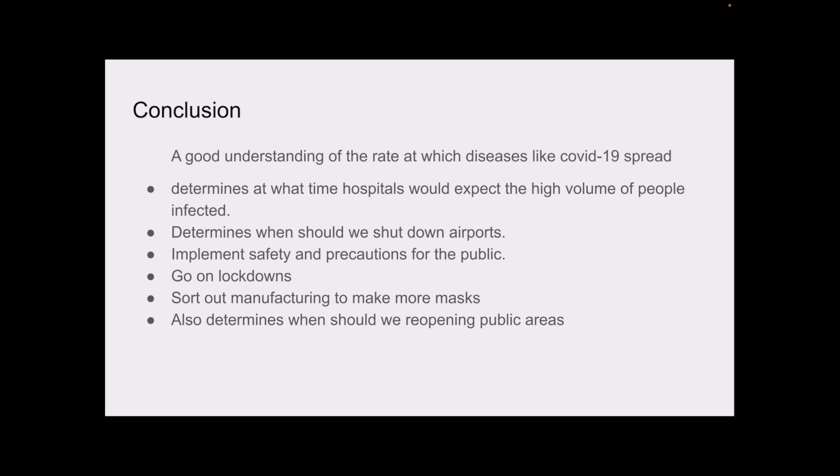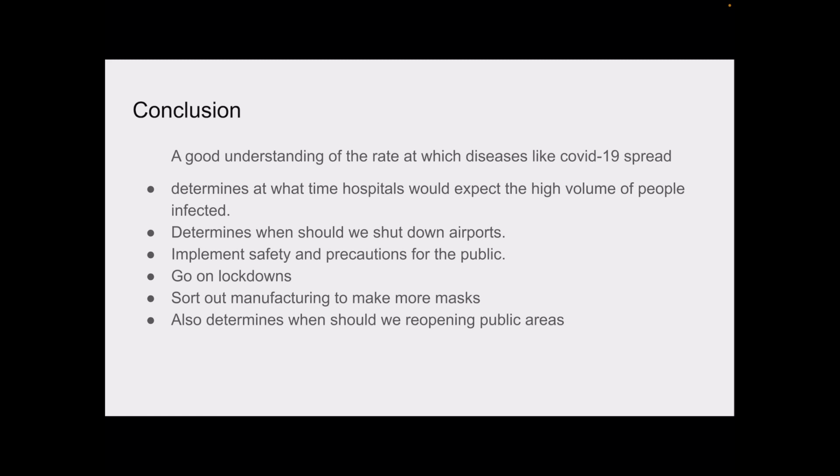So the conclusion is, we really want to understand the rate of spread of a disease like COVID-19, because we want to implement precautions. We want to understand when the infection is going to peak, and the volume of people infected. We want to understand if there's going to be a lot of people at the hospitals. We want to prepare equipment.